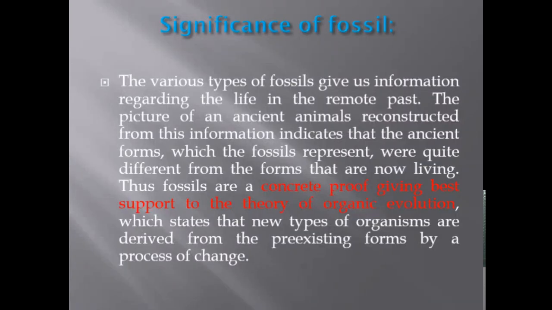Thus there are six types of fossils. Last is the significance. These fossils are the concrete proof giving the best support to the theory of organic evolution by comparative studies of various body parts.